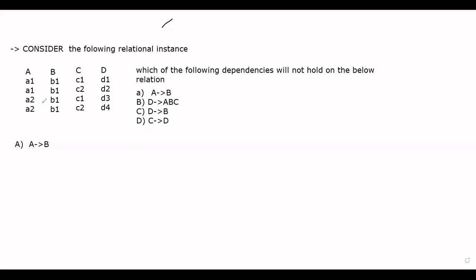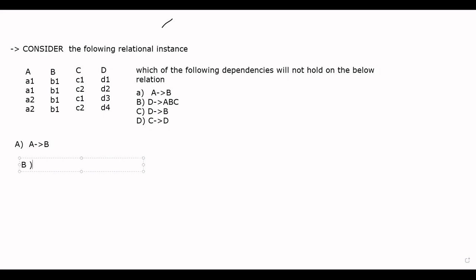Now different question, same answer. Is it possible? Yes, ma'am. It's possible. So can I say A tends to B holds? Yes. See, A1 to B1 possible, because same question, same answer is possible. Different question, same answer. That is possible. Okay, so A to B holds. Understood? So option A, A to B holds.